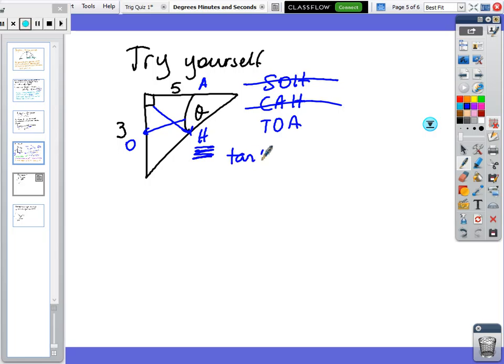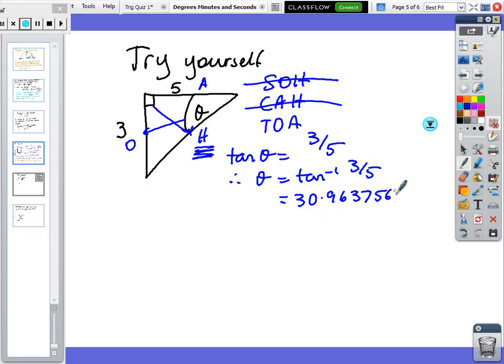So tan theta equals opposite over adjacent. So theta equals tan minus 1 of 3/5. So you get your calculator on, press shift, tan, 3 over 5, press equals, and you get a really ugly number, 30.96565653, and that's in degrees.